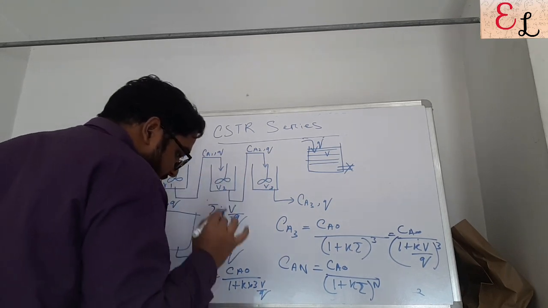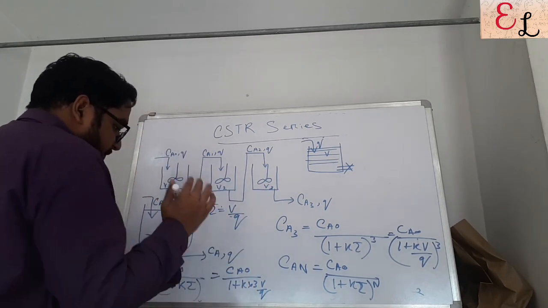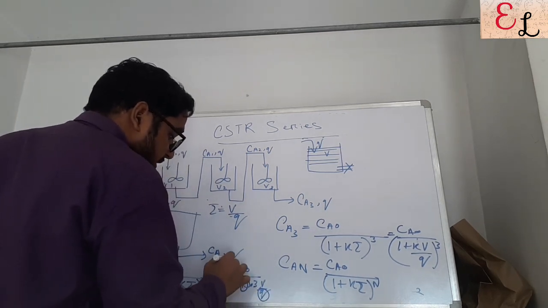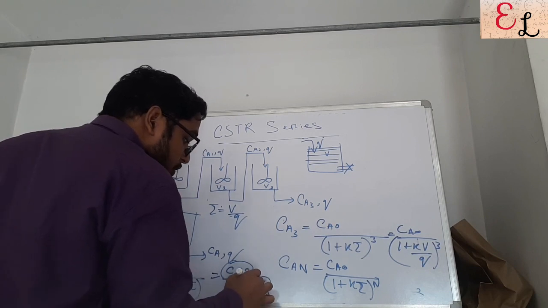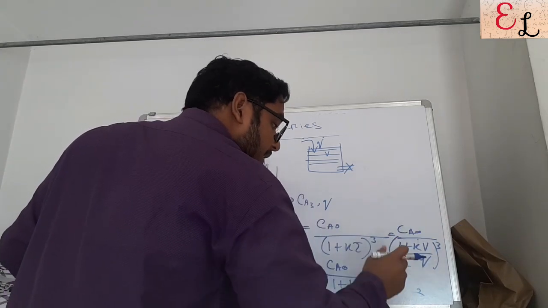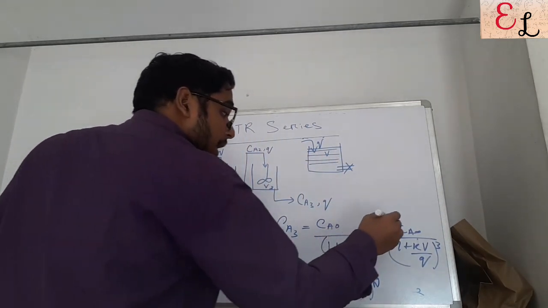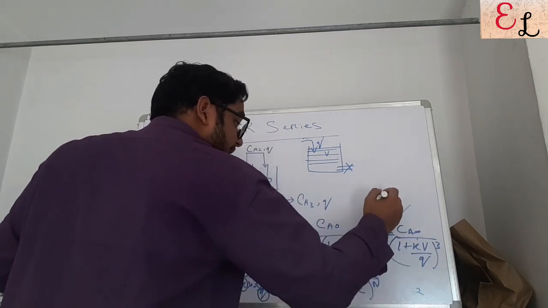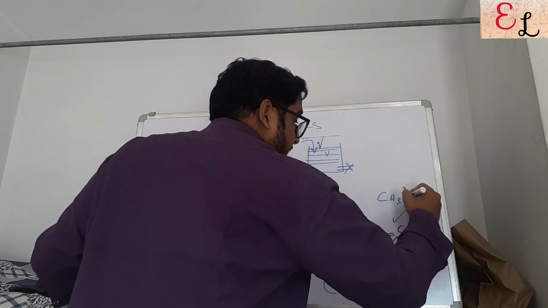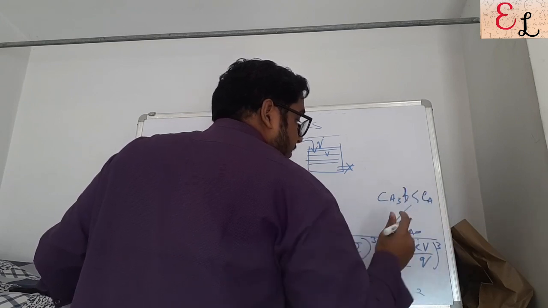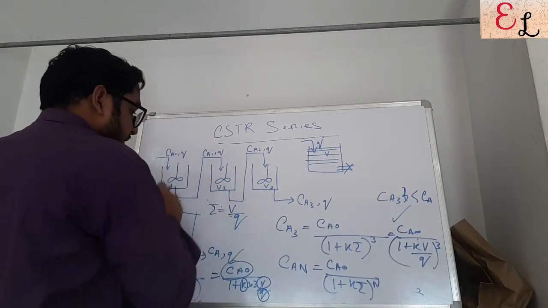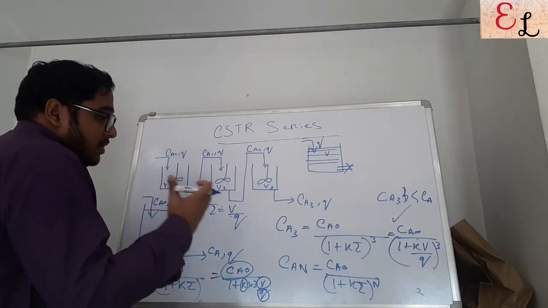If we consider the same Q, the same k, and the same initial concentration, and we put V as 15 here and V as 5 whole to the power 3, we are going to end up with a greater decrease, that is, Ca3 will actually be lesser than Ca. That is a better conversion of the incoming A0, that is more consumption of A0 and more conversion to B.